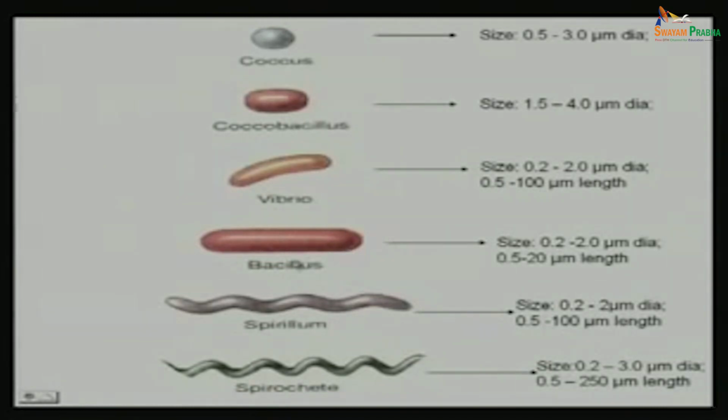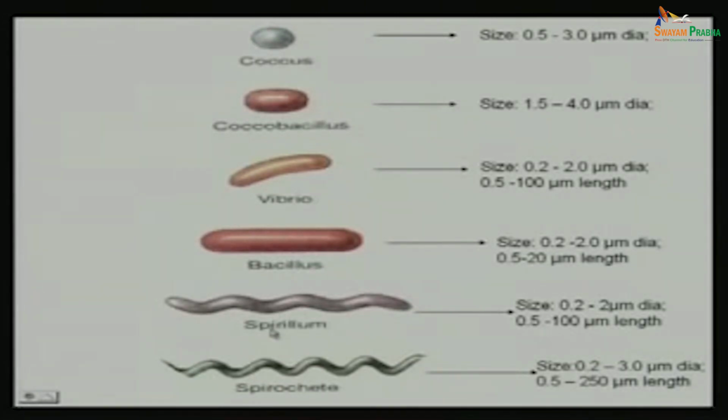In case of Bacillus, its size varies from 0.2 to 2 micrometer in diameter and 0.5 to 20 micrometer in length.